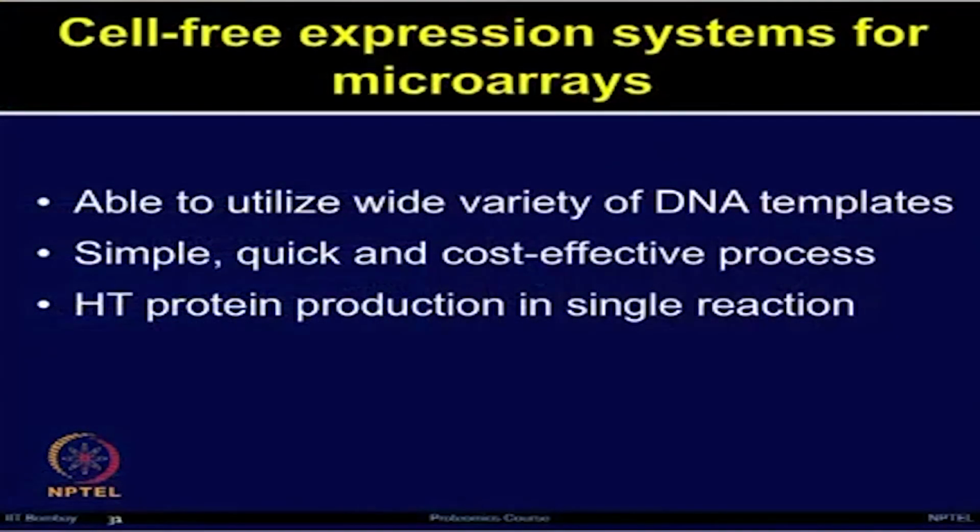This cell-free expression system is a very simple, quick and cost-effective process. It provides high throughput protein production in a very short time and in a single reaction. So, all these requirements are very useful for high throughput protein production and for protein microarray generation.